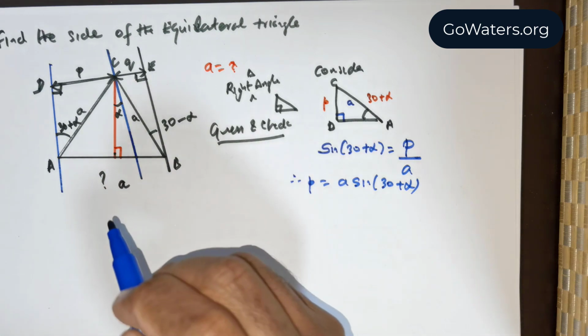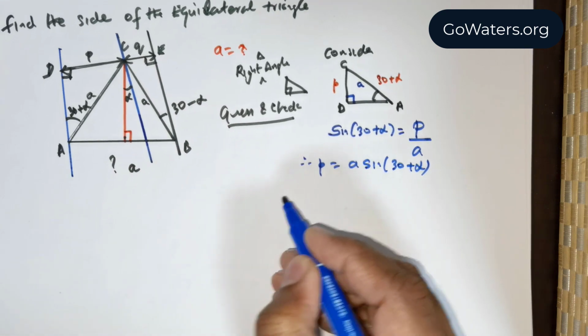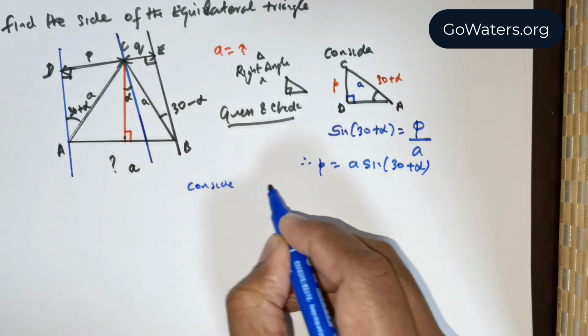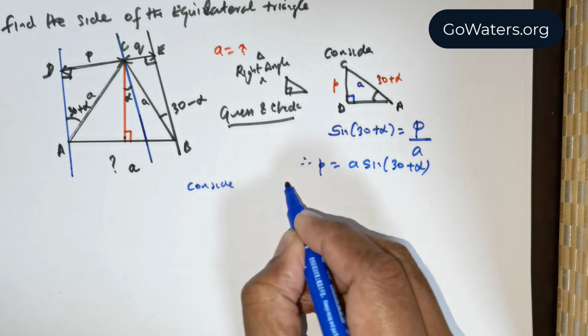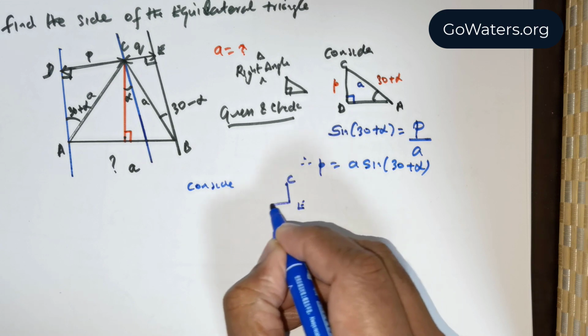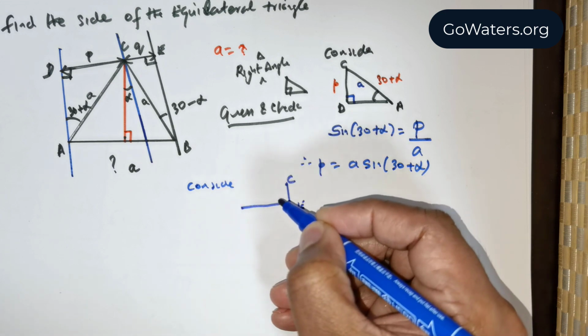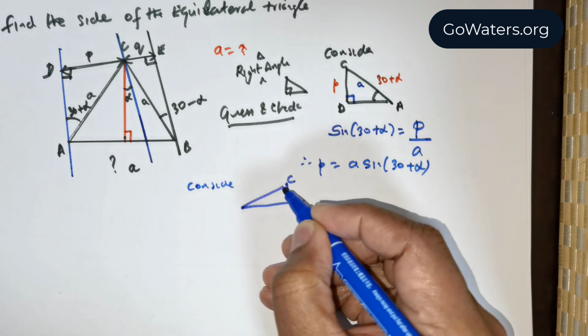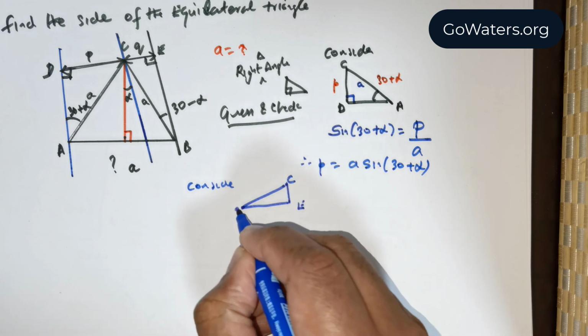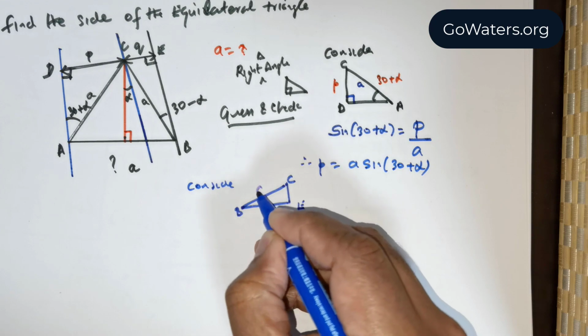Now let me consider this angle. So I'm going to write it down here. Consider, let me draw that. So this is going to be EC. I stretch this and I draw the hypotenuse. So the hypotenuse is BC and BC is A units.